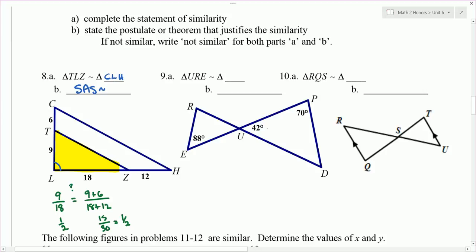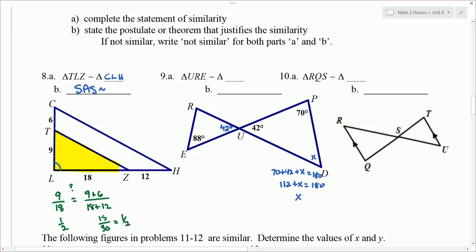So the second diagram, we have vertical angles, so we know this is 42 degrees, and then we can find our missing angle. So on the right hand side, we have 70 plus 42 accounted for so far, plus X is 180, and 70 plus 42 is 112, plus X is 180.